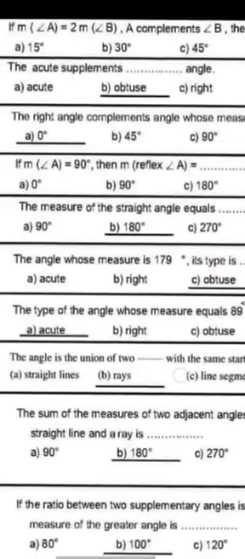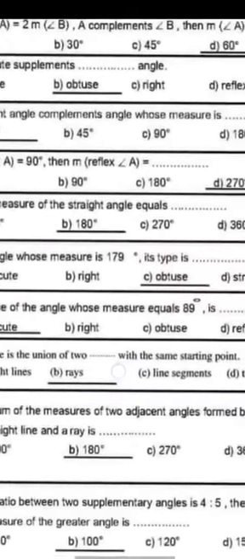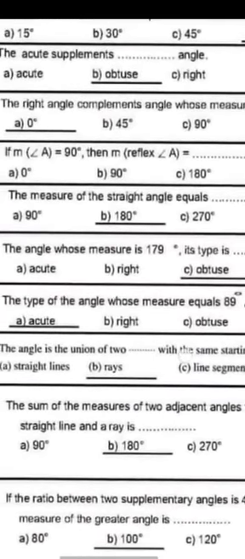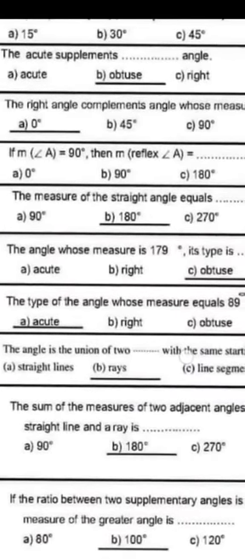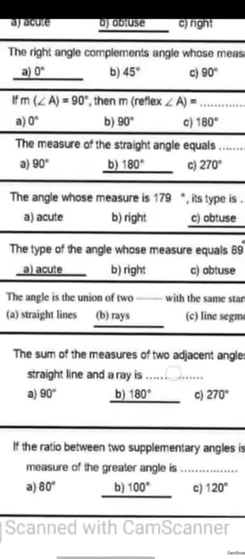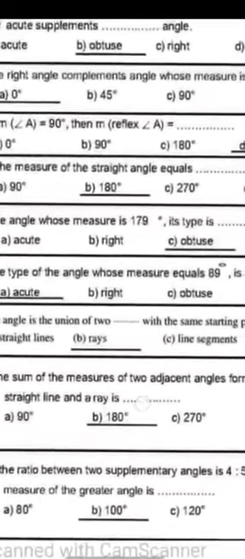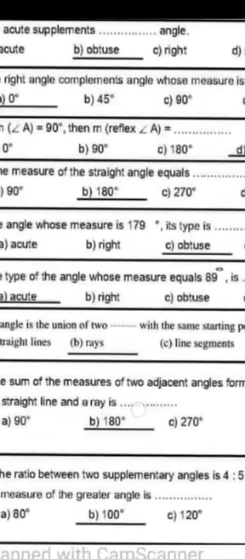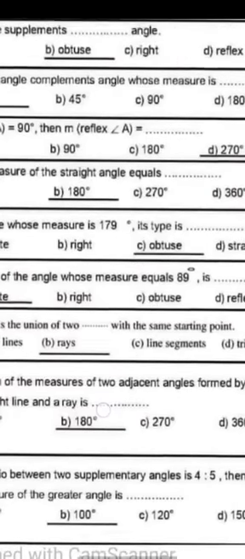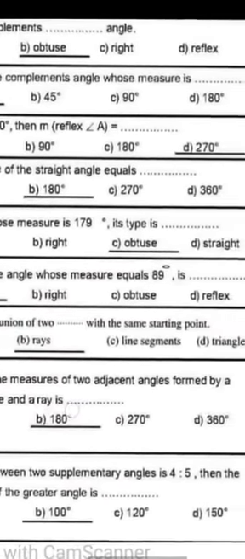Number 3, the right angle complements the angle whose measure is 0. Number 4, if the measure of angle A equals 90, then the measure of the reflex angle A equals, if you ask about reflex angles, we subtract from 360. It means 360 minus 90, which equals 270.